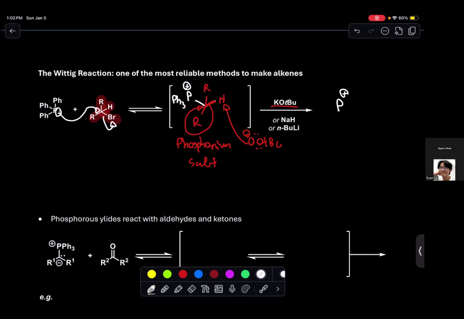You end up with this. Phosphorus ylide. Okay. This is like the first preparatory step.